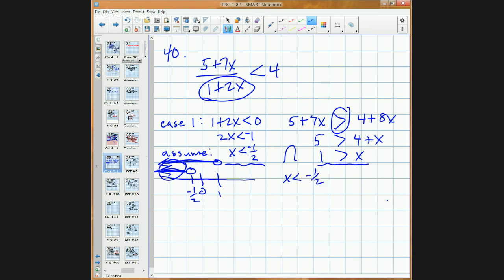Answer to part 1. Now, case 2. And that is that the denominator, 1 plus 2x, this time, and this is the more friendly version, is greater than 0. It's a positive. So what's going to happen when I multiply both sides of the inequality by a positive? No change.